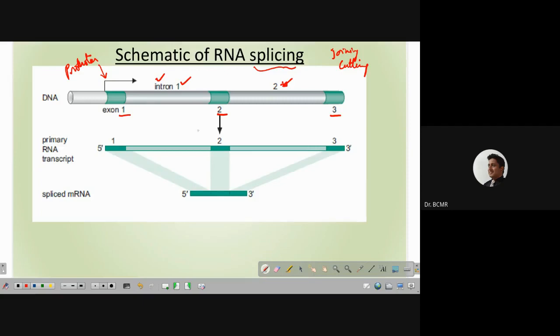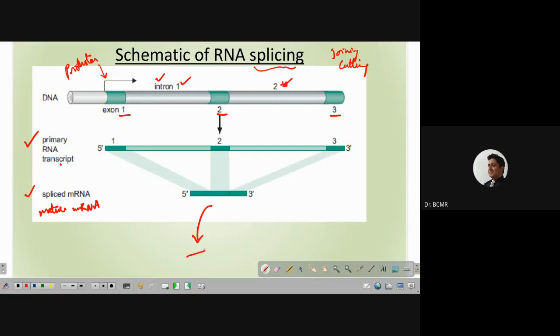So we need to get rid of those as we progress in gene expression. Upon transcription, an RNA molecule is produced, which is referred to as the primary RNA transcript. That is spliced, and eventually you call it mature mRNA, which means it is ready for export into the cytoplasm, and then translation would happen there.